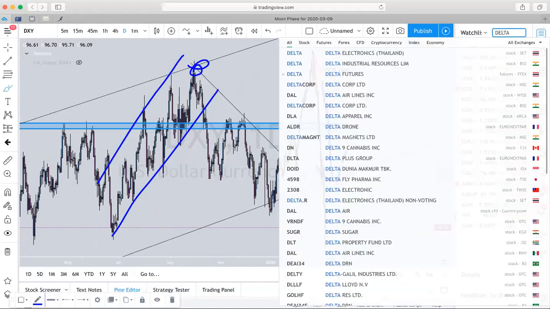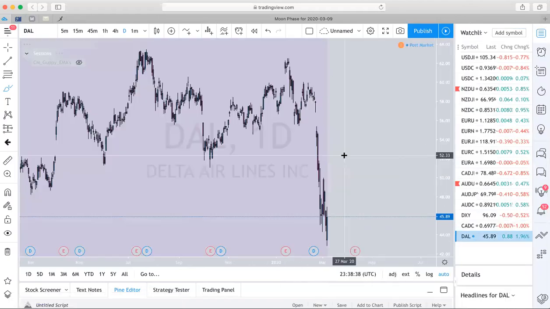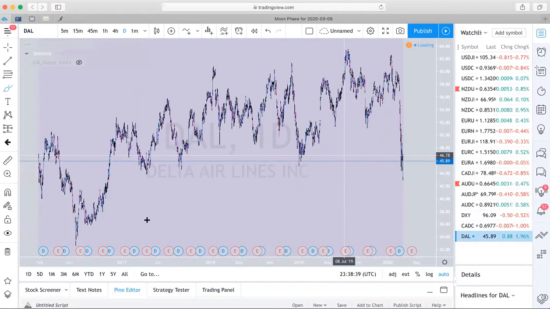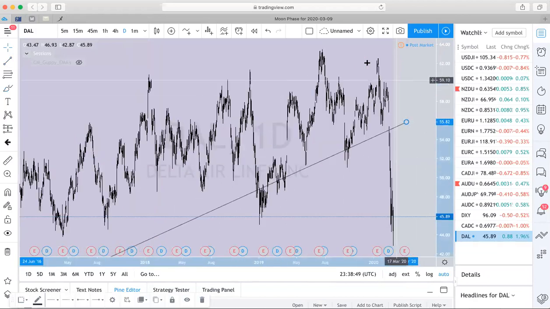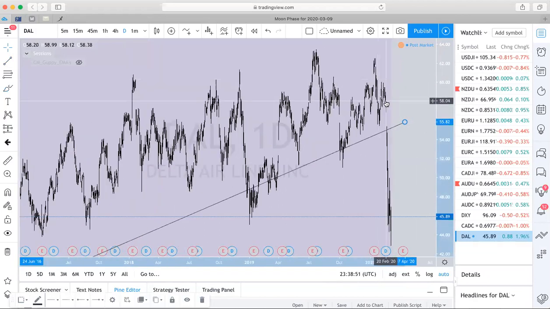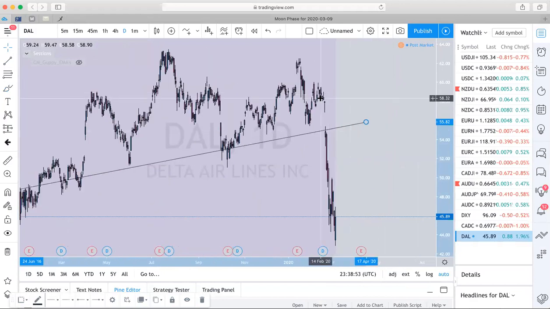I was looking at Delta Airlines because I don't know why. What do you know? Look, right on the 24th, dumping.